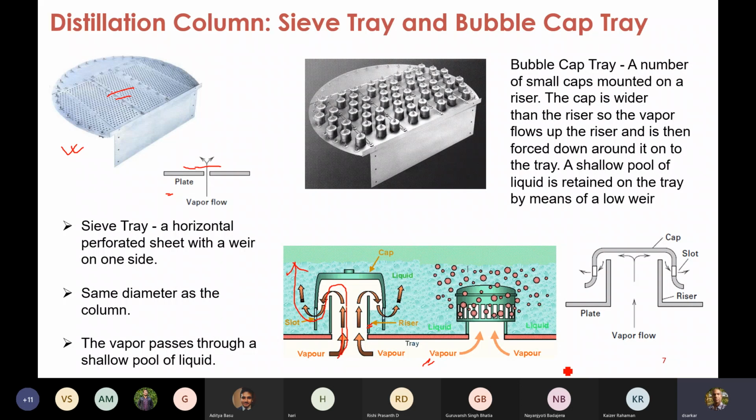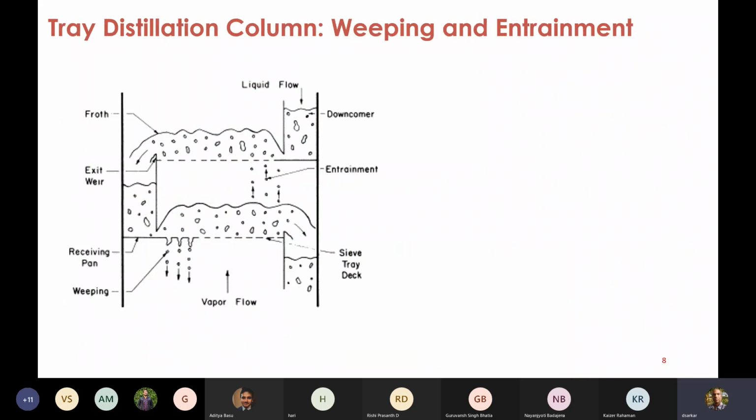Another two things, please take care. When the vapor passes through, the vapor flow rate is important. The vapor flow rate should not be so low that liquid comes down through these perforations due to gravity. If that happens, it is known as weeping.